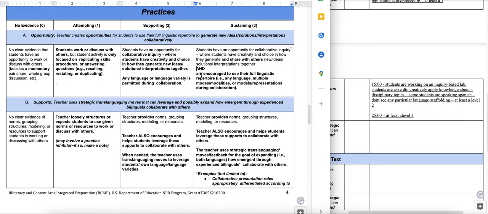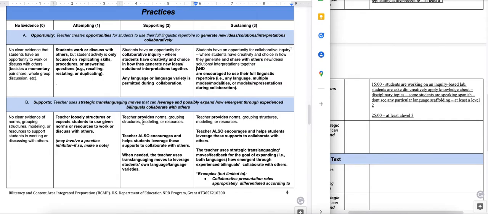Where we're thinking about English language development practices, we're thinking about discipline-specific language and disciplinary practices. So the teacher is really engaging the students with using these supports towards those ends. And when needed, the teacher uses translanguaging moves to leverage students' own language varieties.